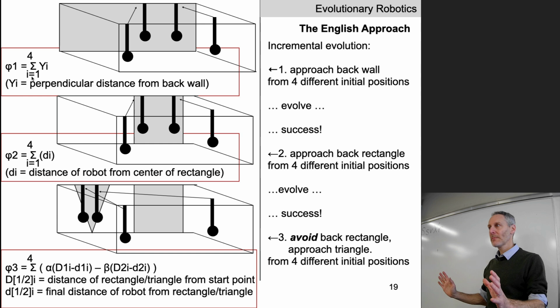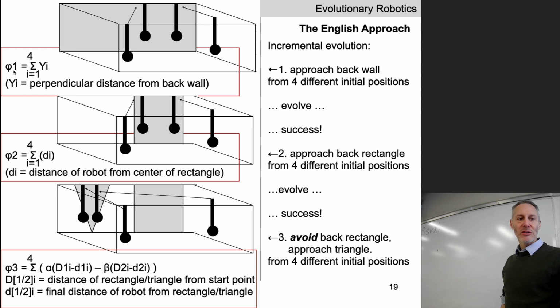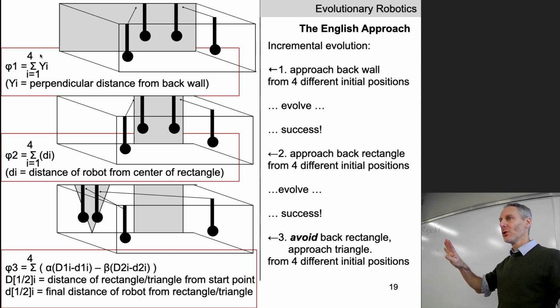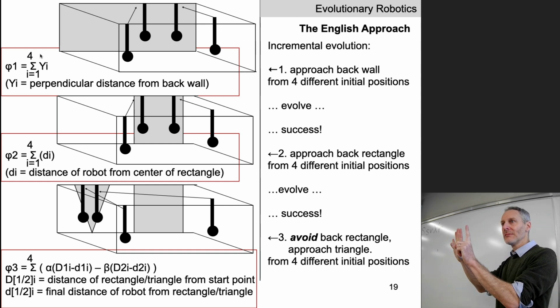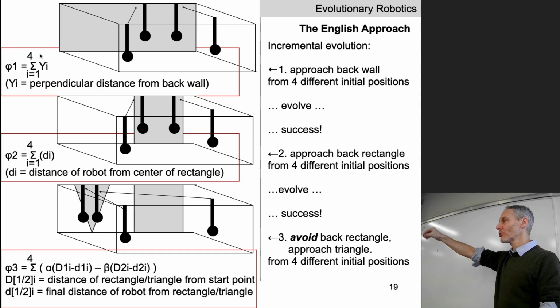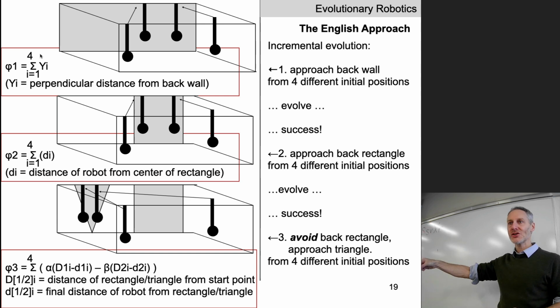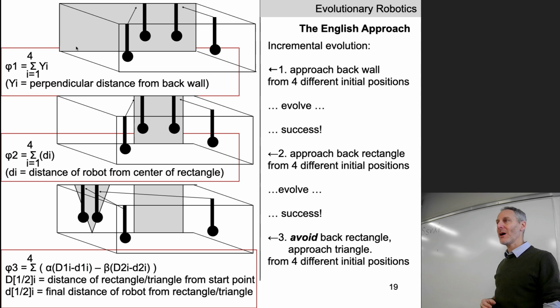Everybody oriented? Okay. You'll notice that the fitness function is a summation over 4 evaluations. We're evaluating every controller plus the fovea 4 times, and we're starting the robot from random initial conditions for obvious reasons. We want to see how this robot does on average. It might get lucky. We might put the robot at some random initial position for which that neural controller knows how to drive the robot towards the back wall.